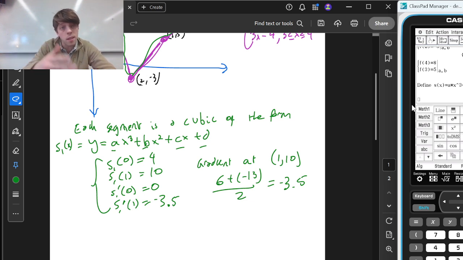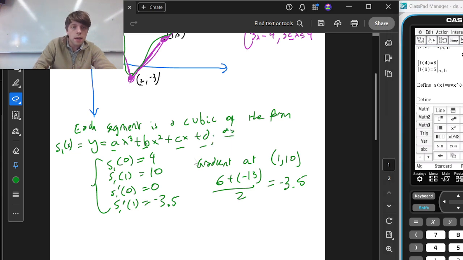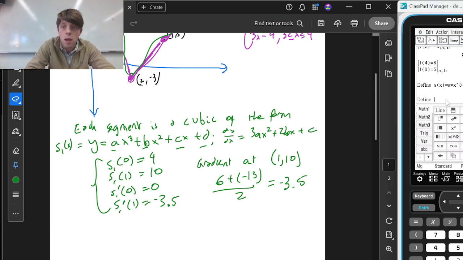Now we also need the derivative of this, so we can define the derivative. dy/dx is going to be equal to 3ax squared plus 2bx plus c. We should be able to take the derivative of this using the power rule. So the derivative function is going to be equal to 3 times a times x squared plus 2 times b times x plus c. Okay, we've now got our two functions.